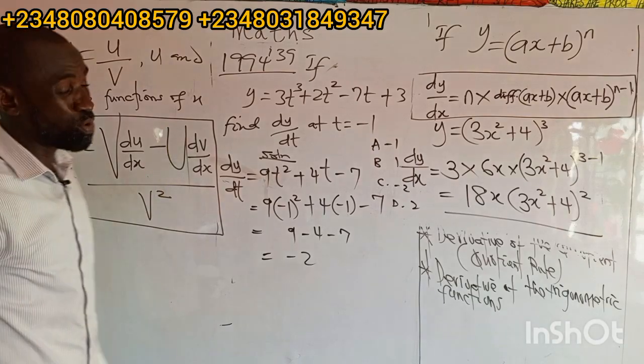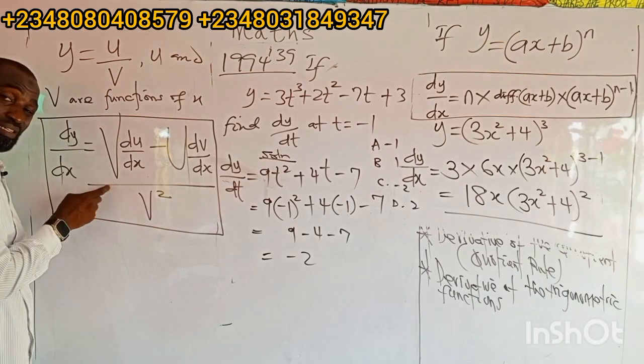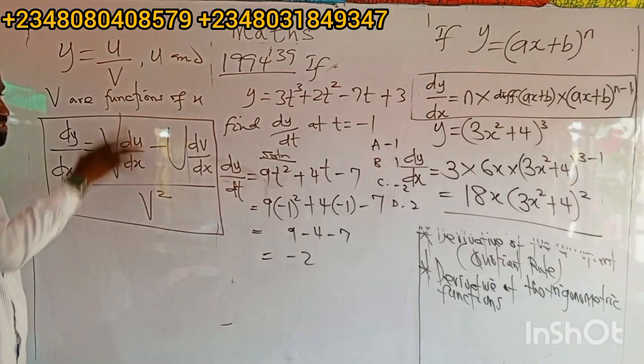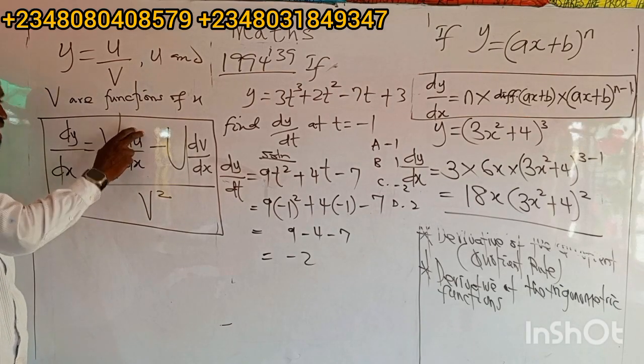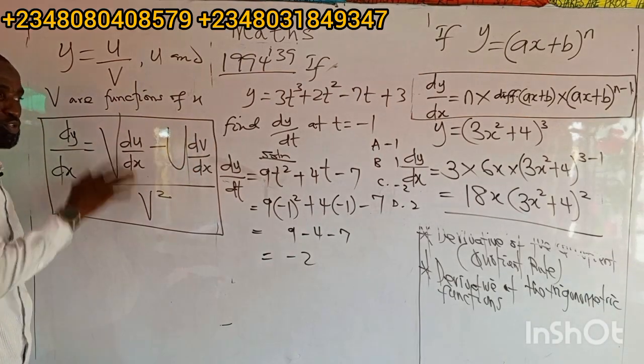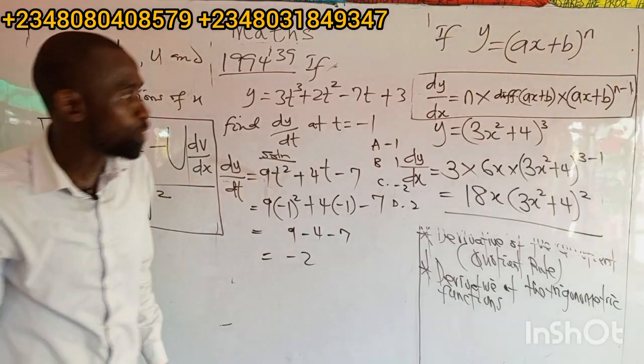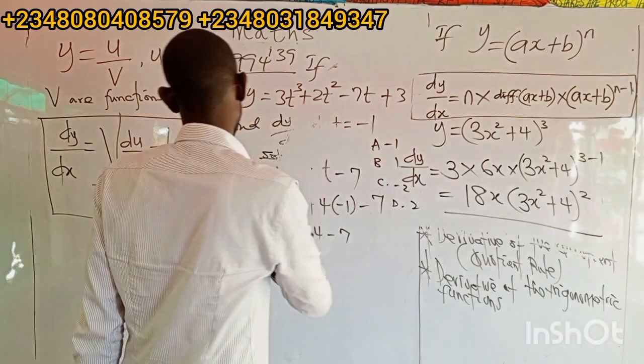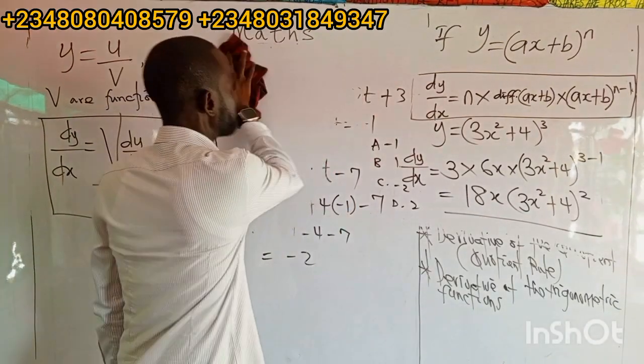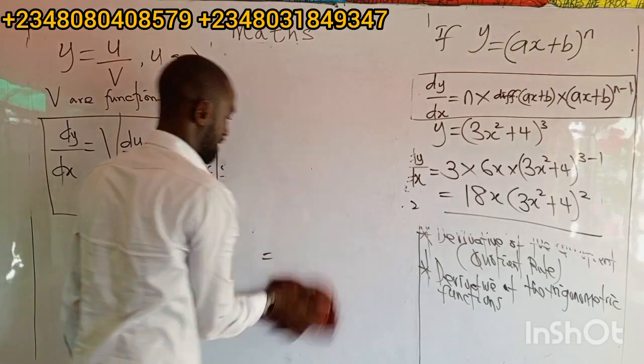2008 JAMB question. They will test you on this. Look at the formula: you first get your du/dx, then your dv/dx, then your v squared. So first try to see whether you can manipulate it. If you can manipulate it, then no voila.